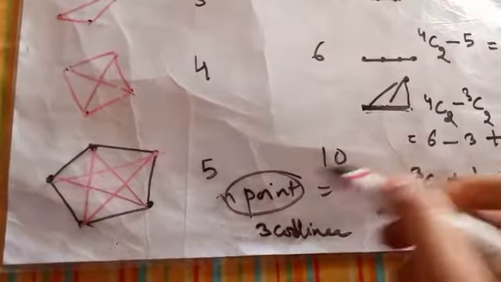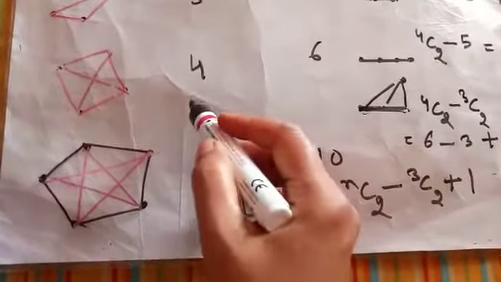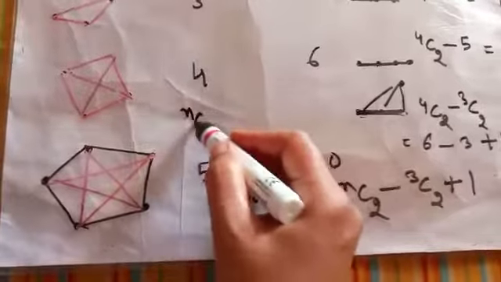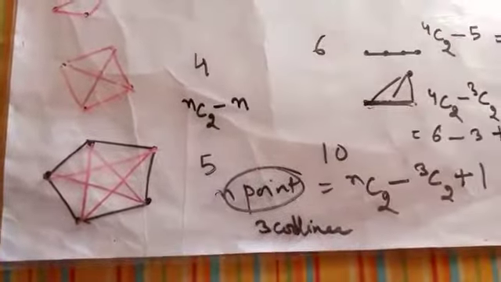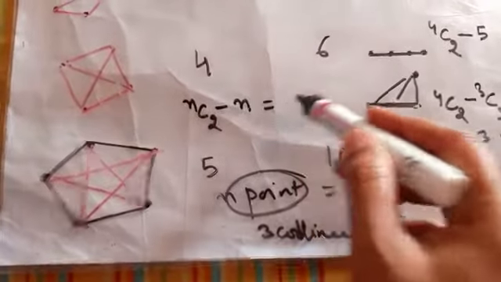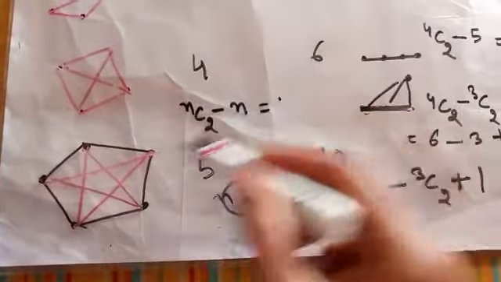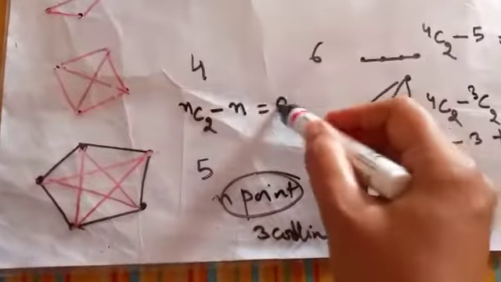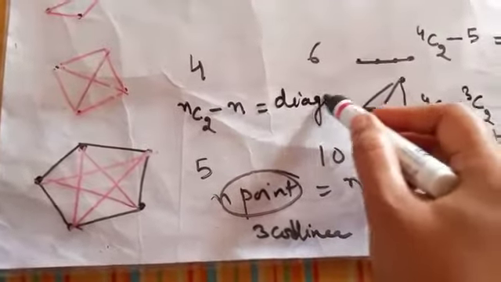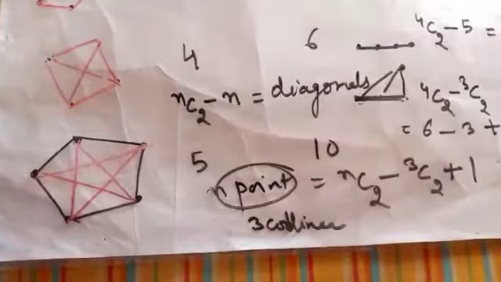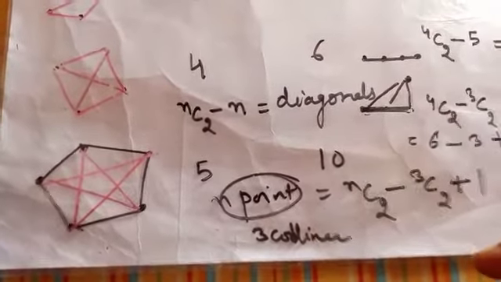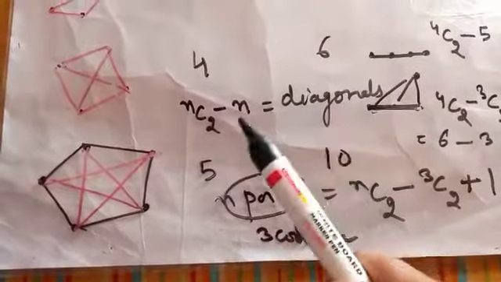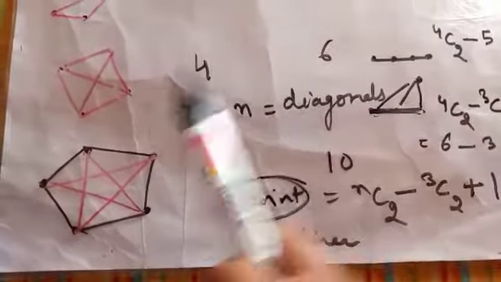So how will you do that? How many sided polygon? I know that the number of lines is nC2. If from nC2 I subtract n, that means the number of sides, that gives you the number of diagonals. So this is the number of diagonals: nC2 minus n. So if I have given you that the number of diagonals is 2, I can find out that this is a quadrilateral.